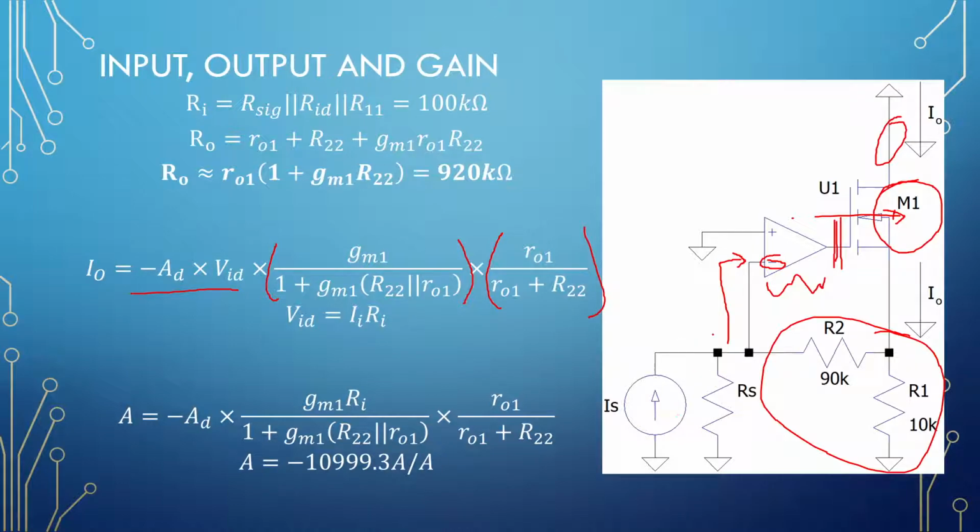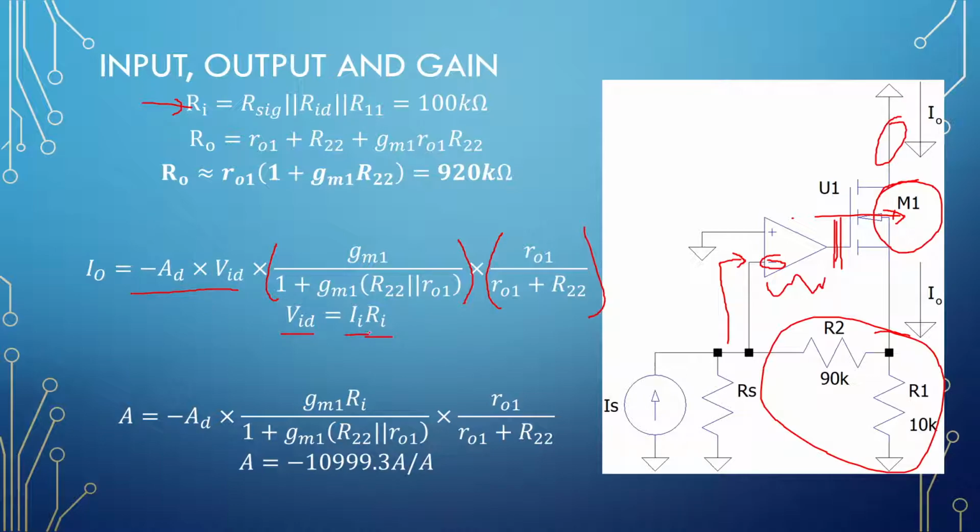Right, for the input, we picked a voltage sitting here on the input side. So if we need to convert that voltage to a current, the input differential current is the input current multiplied by the input resistance. Okay, so Ri comes in really handy here by using Ohm's law.